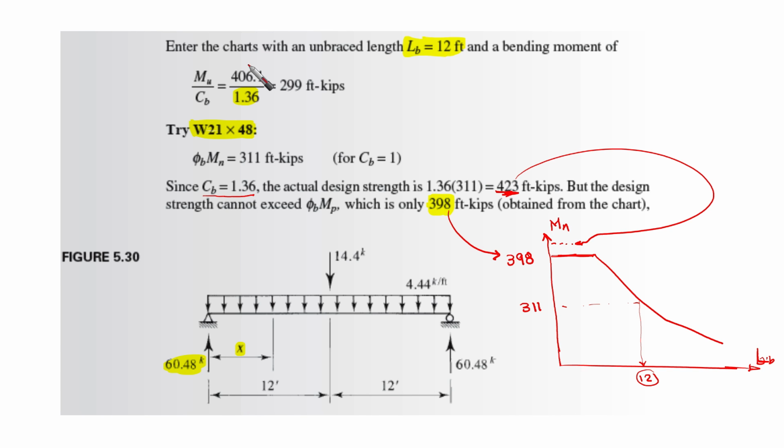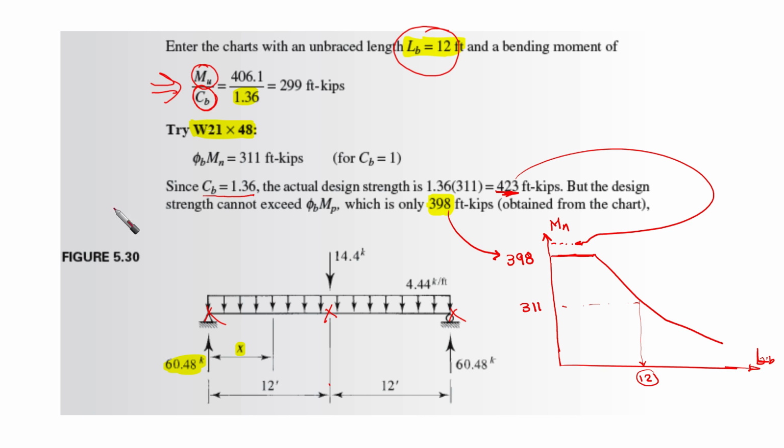Enter the charts with unbraced length LB equal to 12 feet and a bending moment of M ultimate over CB. That's what I was telling you, that you can get it from this part.